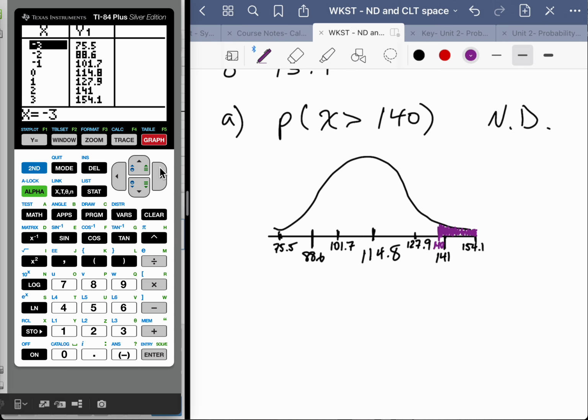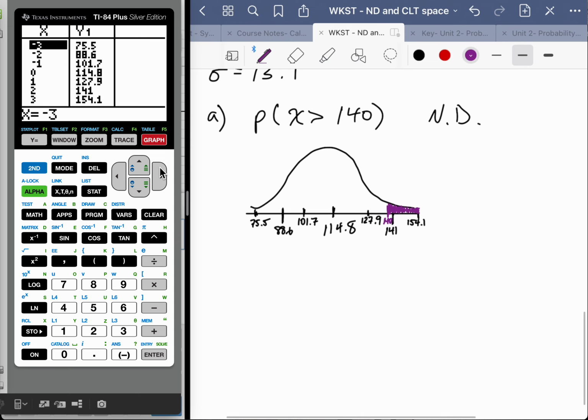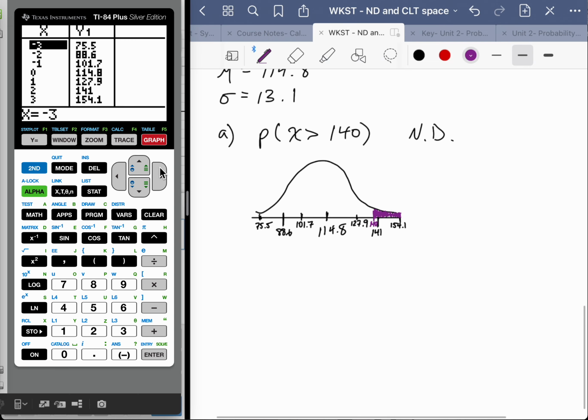So statistically, it's not technically unusual, but it's close enough to unusual to be concerning because we don't want to have high blood pressure.